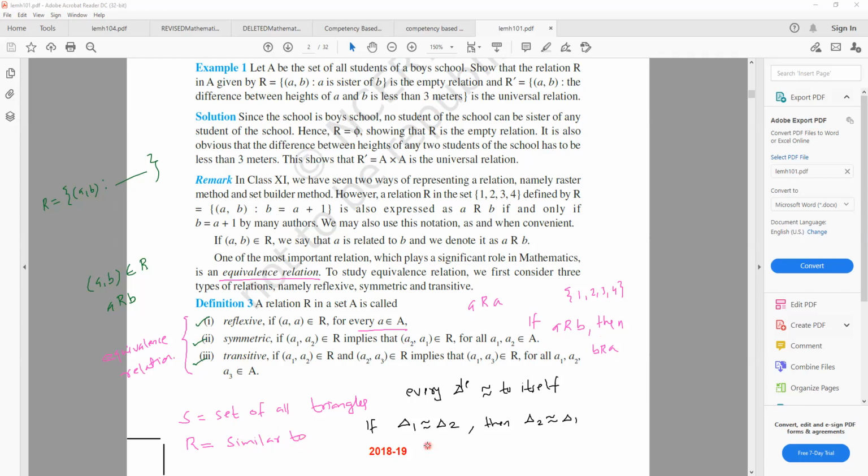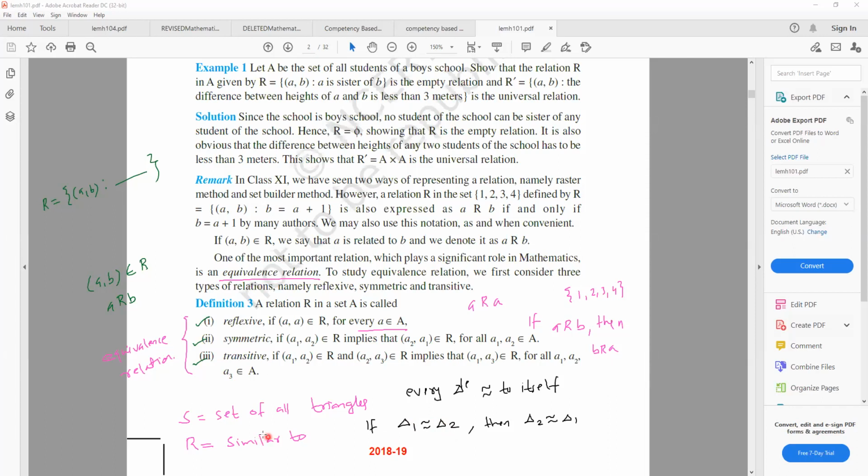It is symmetric because if triangle 1 is similar to triangle 2, then automatically triangle 2 is similar to triangle 1, right? Yes, sir. So this relation is a symmetric relation.